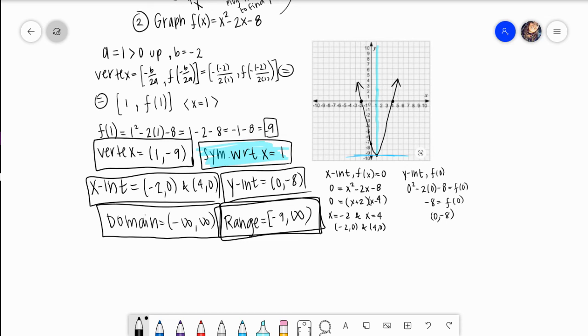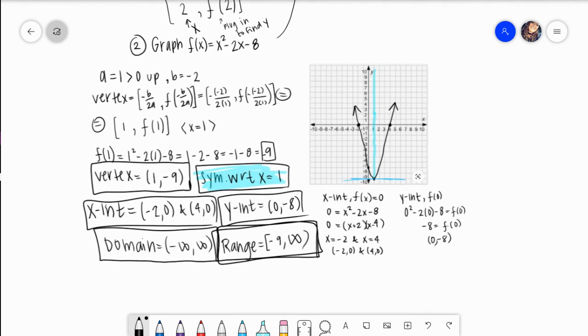Having your x coordinate gives you your line of symmetry. And then we know how to do the x-intercepts and the y-intercepts. We know that the domain for all polynomials is all real numbers. It's your range that will vary based on the actual graph that you draw. Remember that if a is greater than 0, it opens up. If it's less than 0, it opens down.